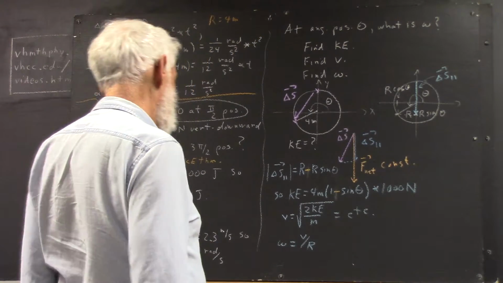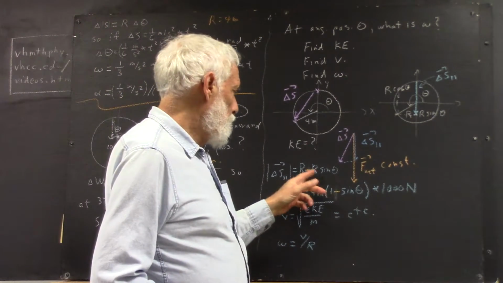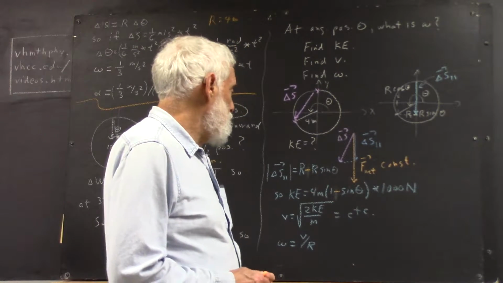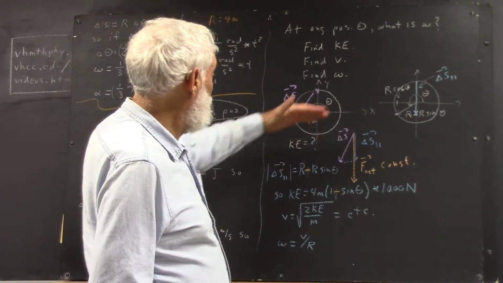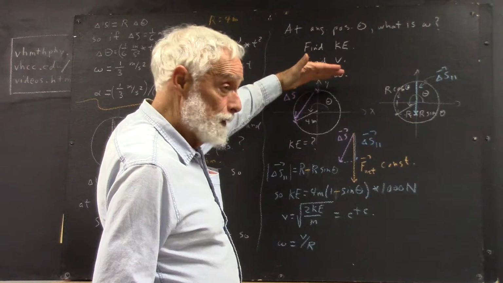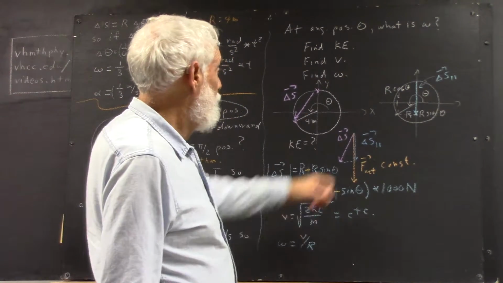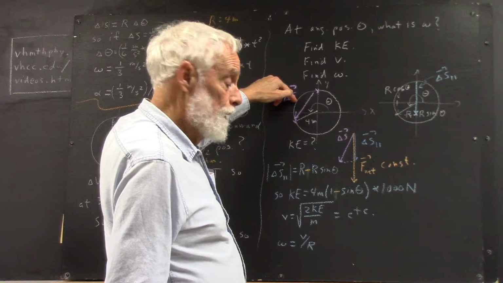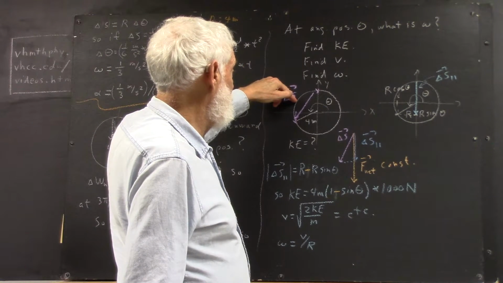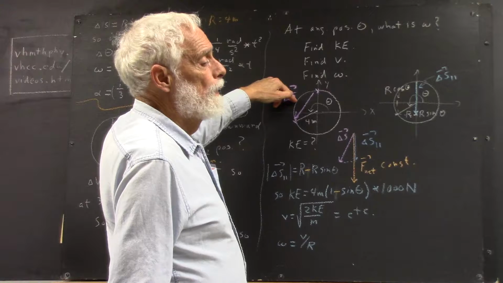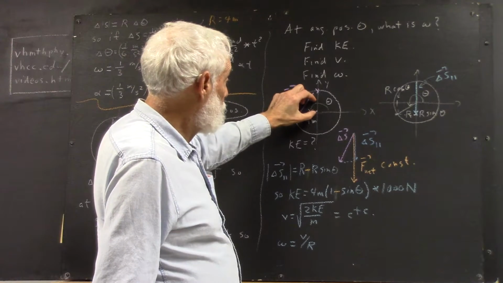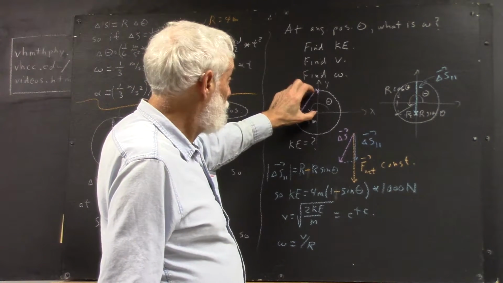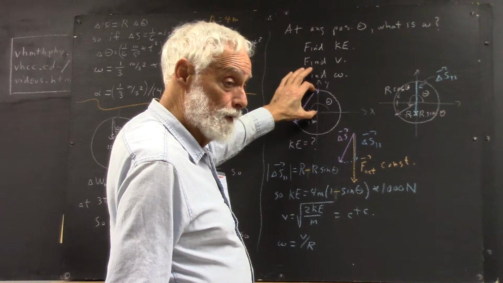Now let's go back and just be sure we understand why I wanted the negative here. Sine theta is positive from here up to here. Now if you want the delta S parallel, if you go from a point here to a point here, you're going to be subtracting r sine theta, which is this distance, from the radius r.